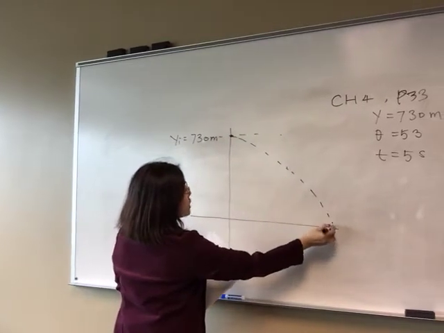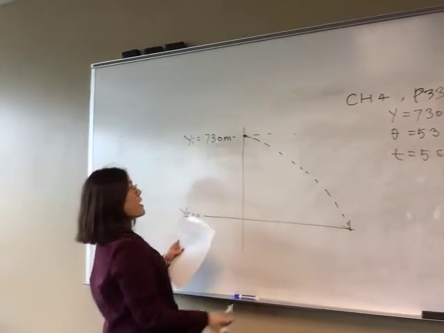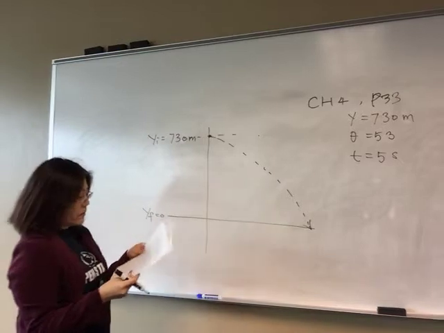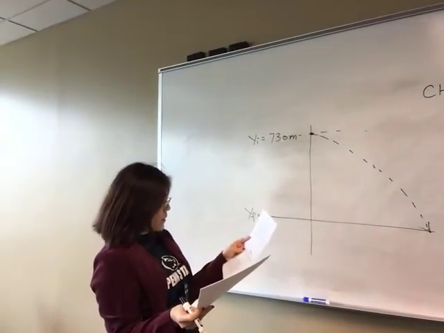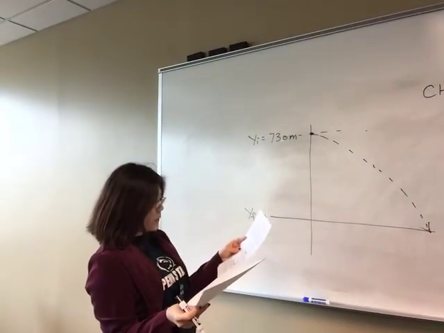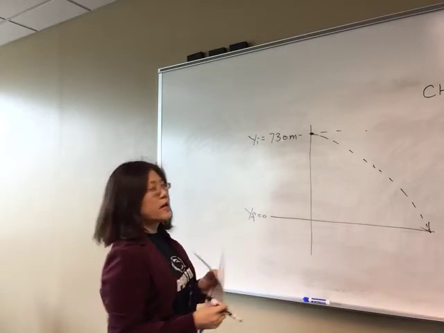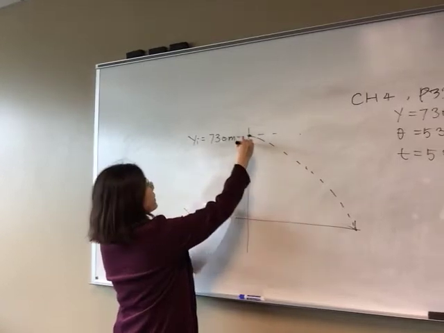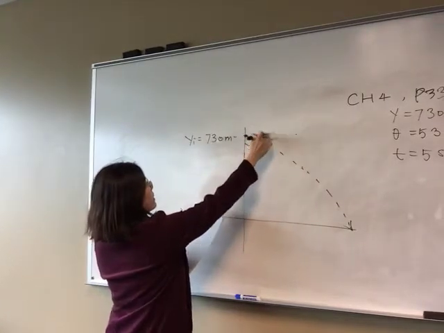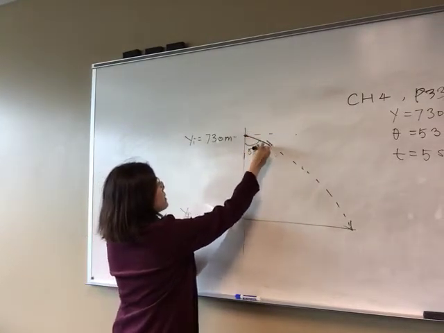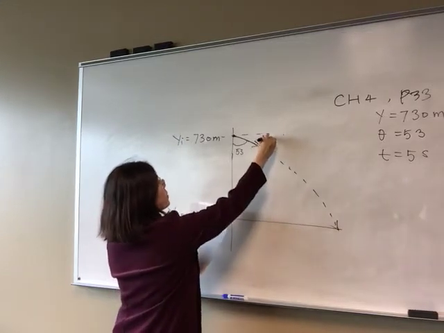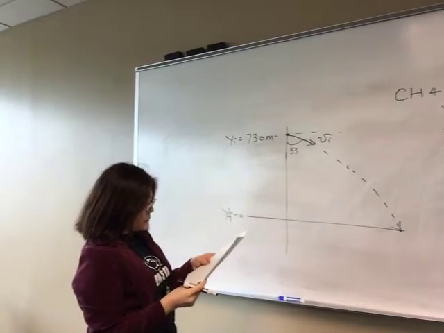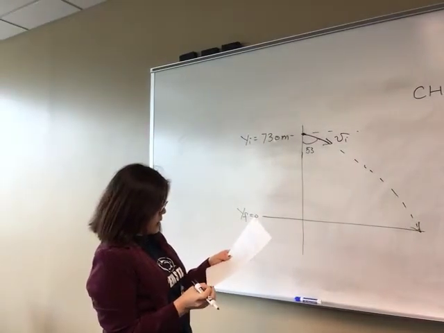So again, this is typical projectile motion, and the angle that it's making. What does it say? Diving at constant speed at angle 53 with the vertical. So the 53 is with respect to the vertical. Okay, so this is your 53 degrees, not this, and this is your velocity, which we call VI.